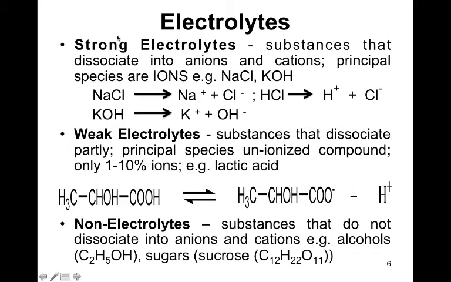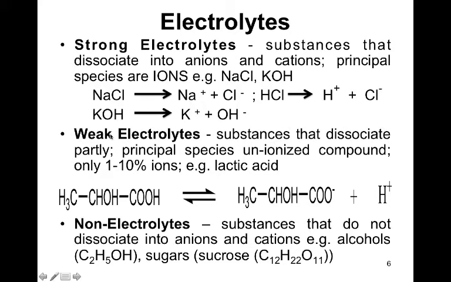You have strong electrolytes and you have weak electrolytes. Strong electrolytes fall into three broad categories. You have salts, which is the NaCl here. You have strong acids, such as hydrochloric acid, and you have strong bases, such as potassium hydroxide.